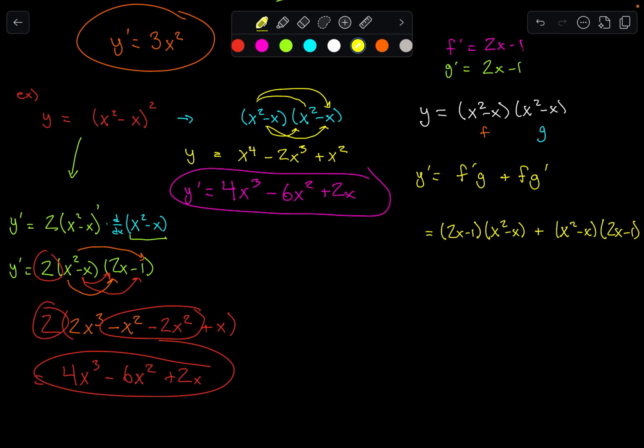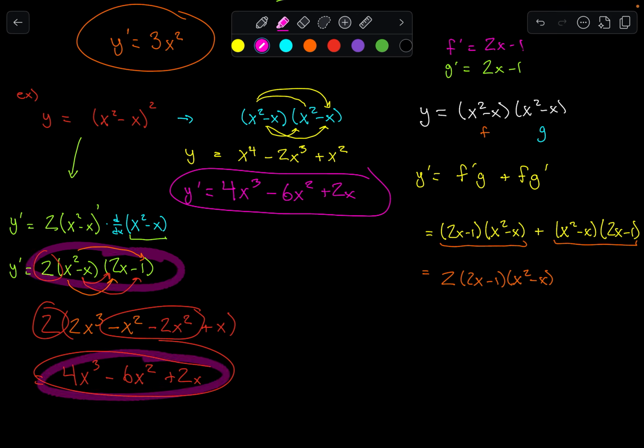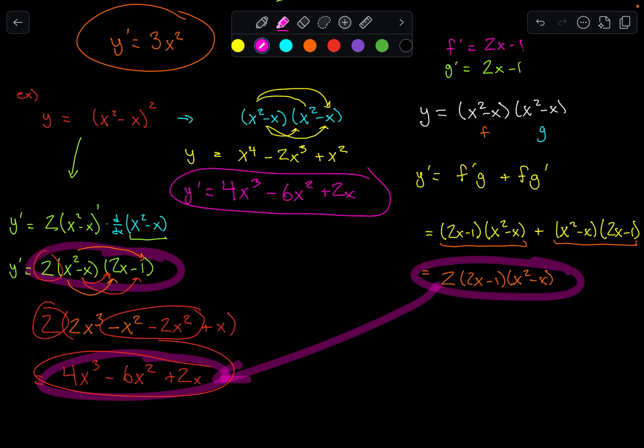But this is basically the same thing as, okay, well, since this first term is the same thing as this term, that means we have two of them, 2 times 2x minus 1 and times x squared minus x, which we already did, right? We tackled that. We know that this becomes this thing. So what we just got here is indeed going to FOIL out and be the exact same thing, right? You could do this to your heart's content.